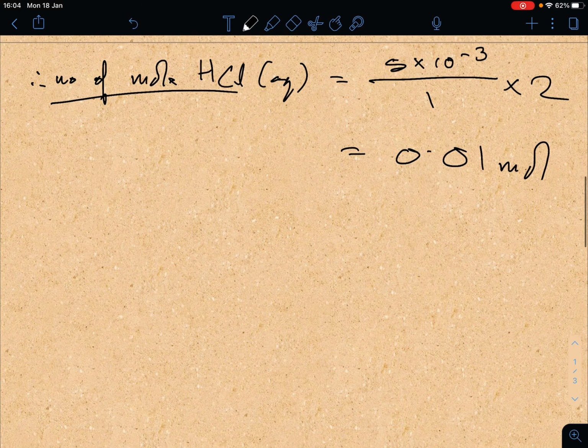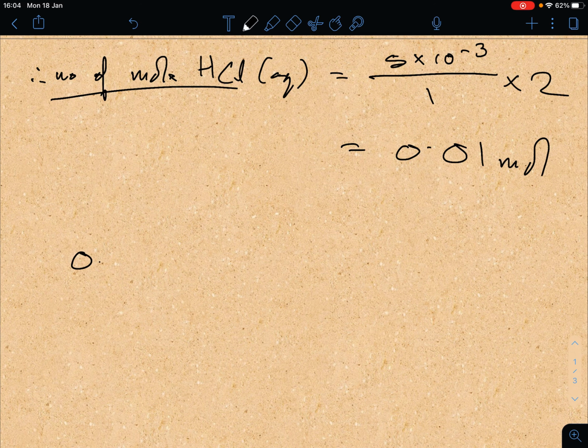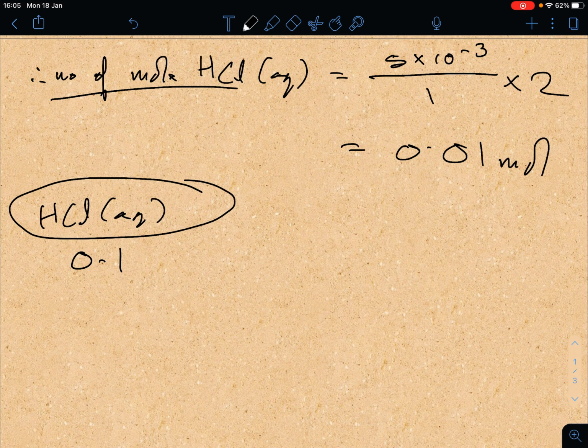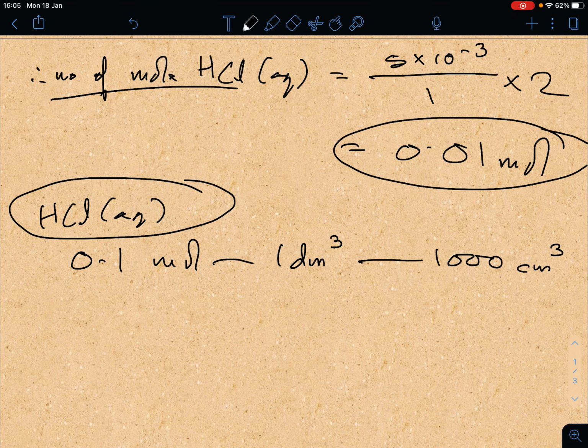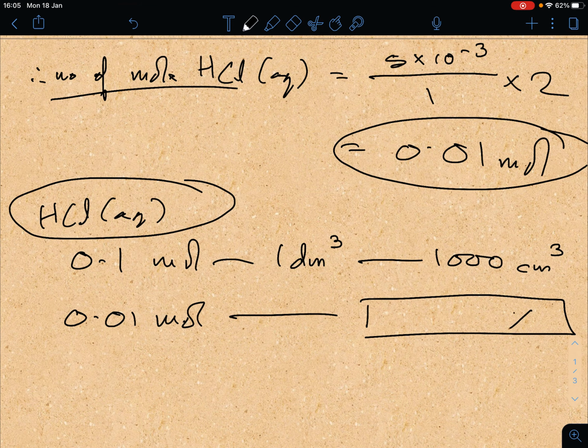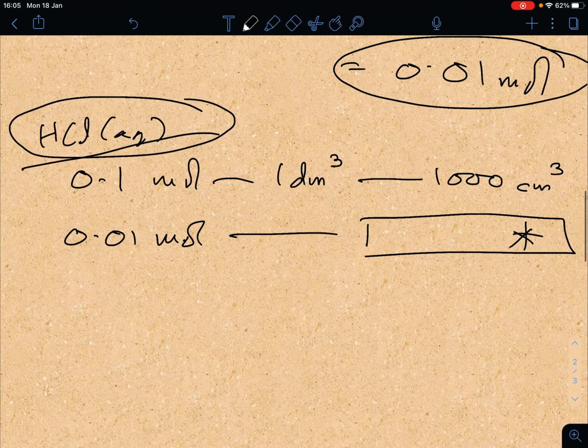Using that, 0.1 mole of HCl aq per cubic decimeter, 1 cubic decimeter, change to 1000 cubic cm. We only use 0.01 mole, much less. Obviously that will give you the volume of the HCl that was used.